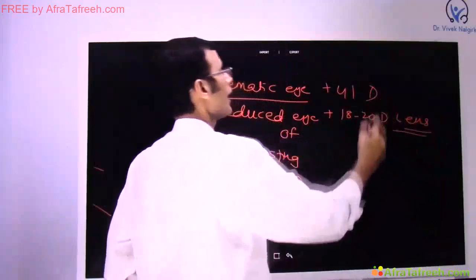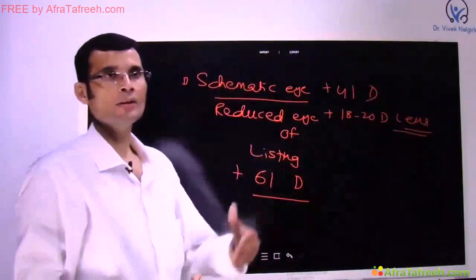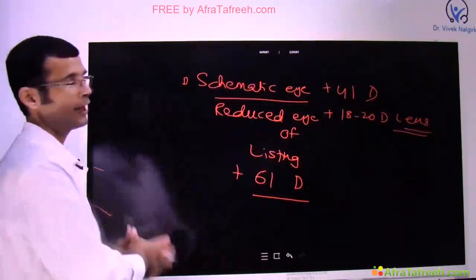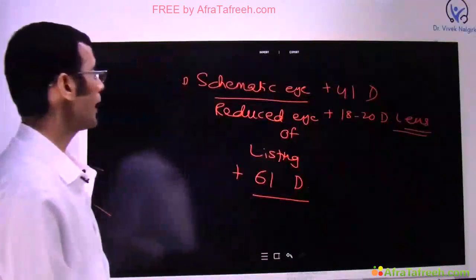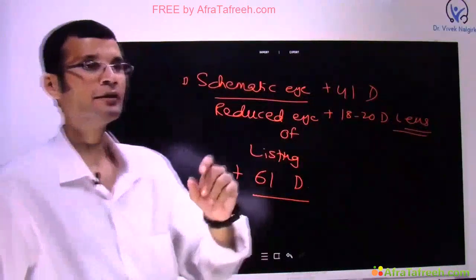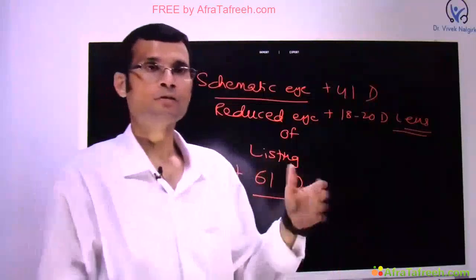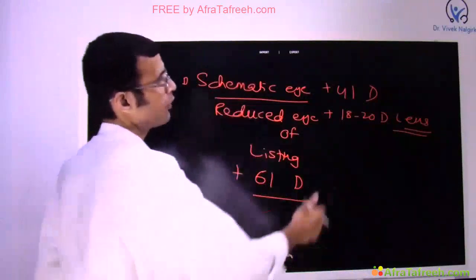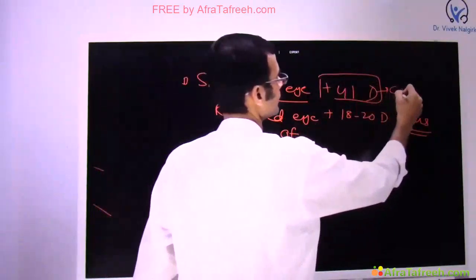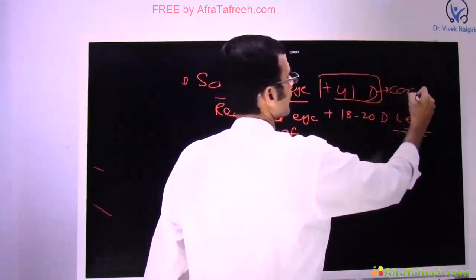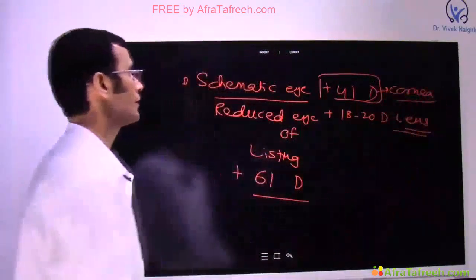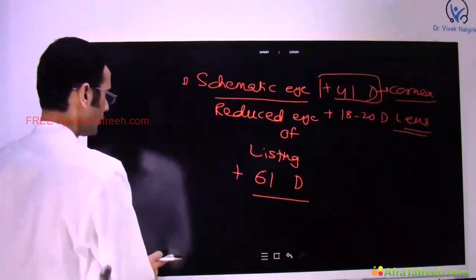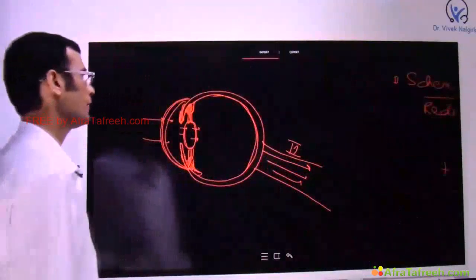So the reduced eye of Listing considers a single plane of refraction instead of four, adding all four algebraically, and its power varies from plus 59 to plus 61 diopters. Plus 41 diopters is at the cornea, and the dioptric power of the crystalline lens is plus 18 to 20 diopters.